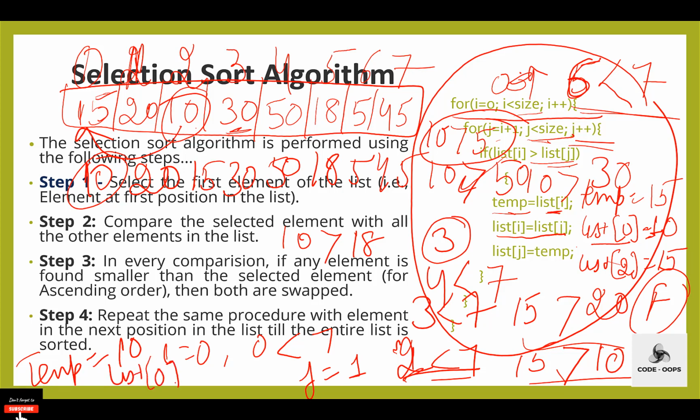List of 0 is equal to list of j. The element at j index is 5, so list of 0 is equal to 5, and list of j is equal to 10. List of 6 is equal to 15.